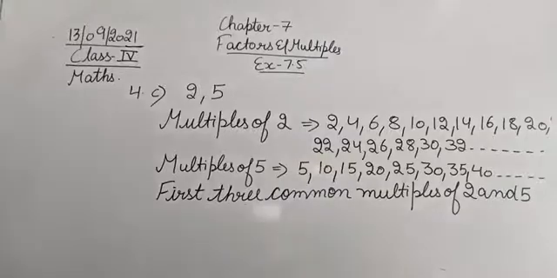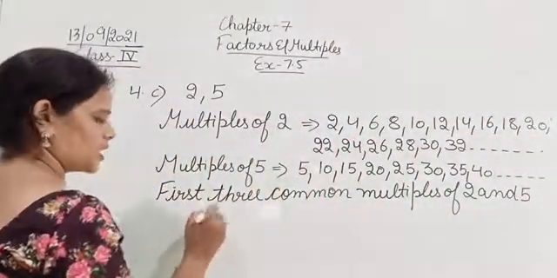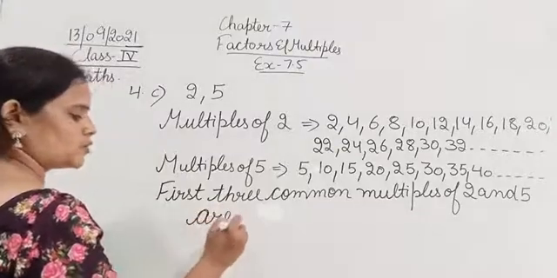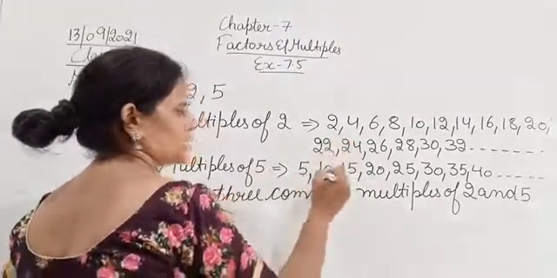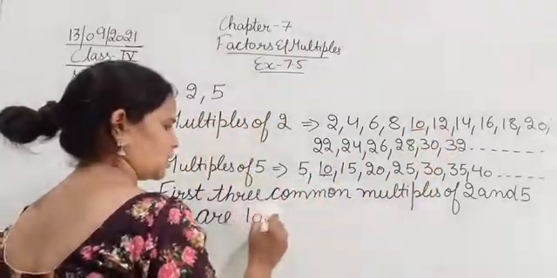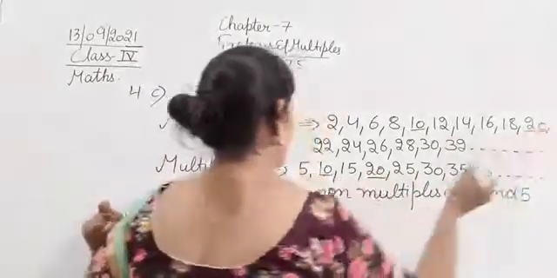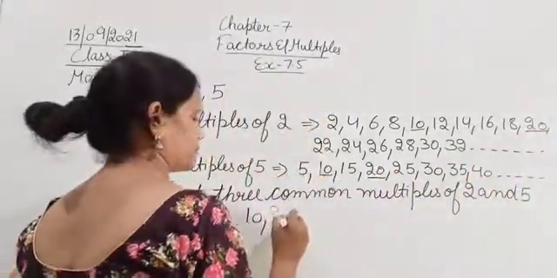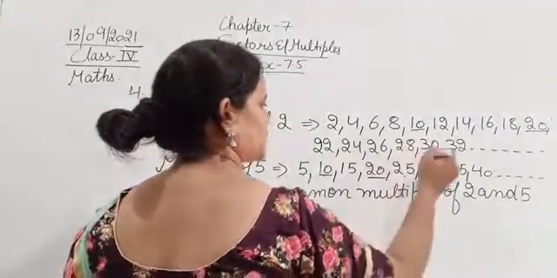First 3 common multiples of 2 and 5: 5 is not there, 10 is here, so that is 10. Next, 15, no, 20 is here, 20 is also here. Next, 25, no, 30 is here, 30 is also here.